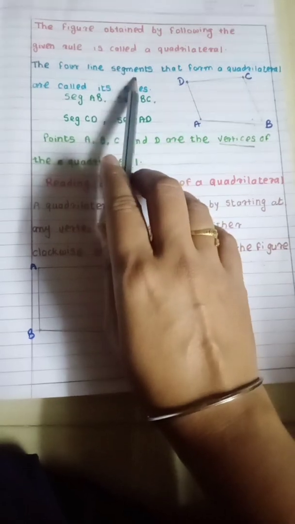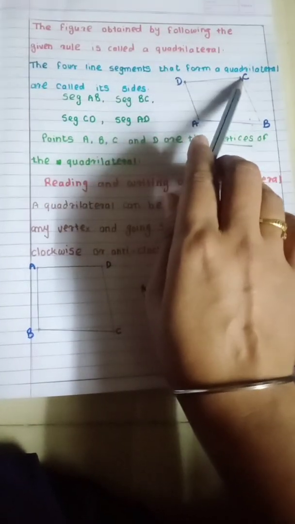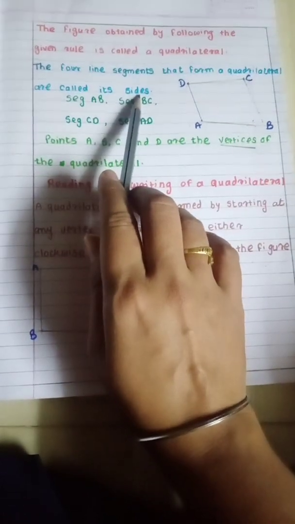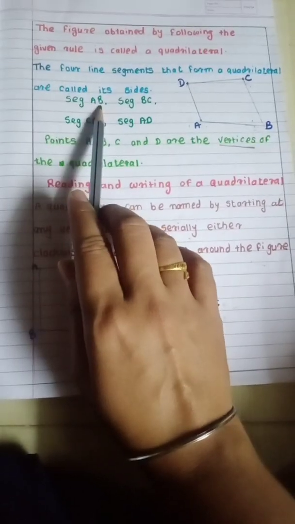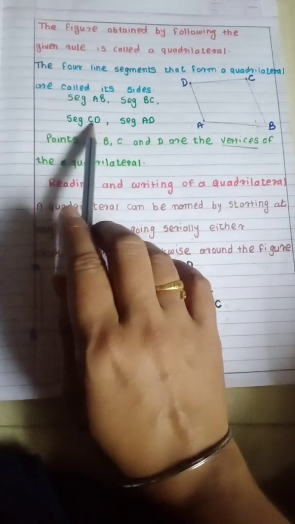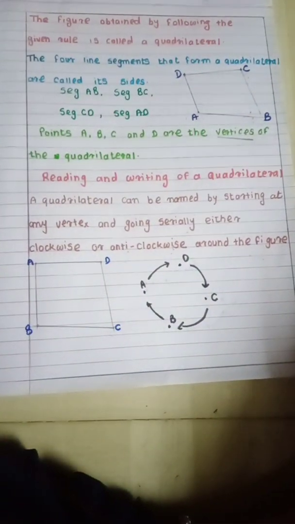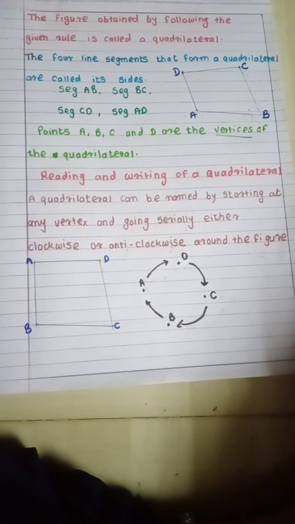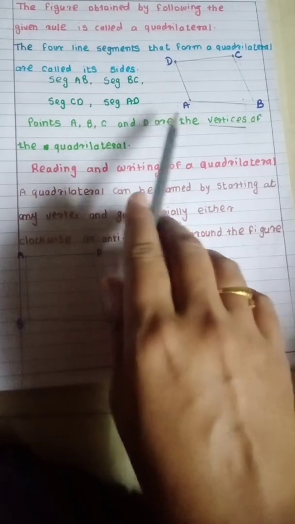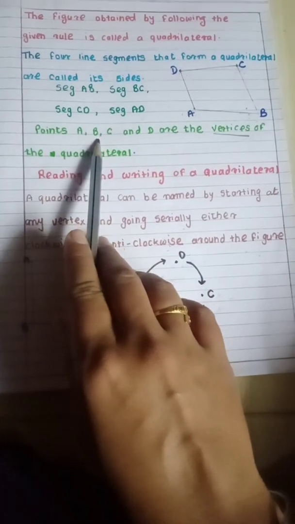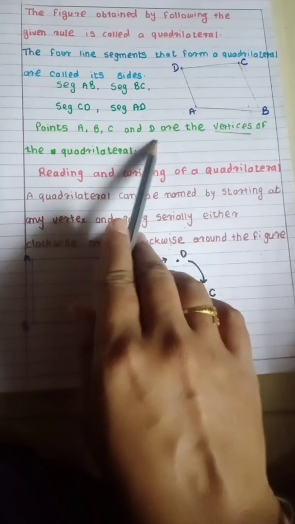The 4 line segments that form it are called its sides: segment AB, BC, CD and AD. Points A, B, C and D are vertices of the quadrilateral.